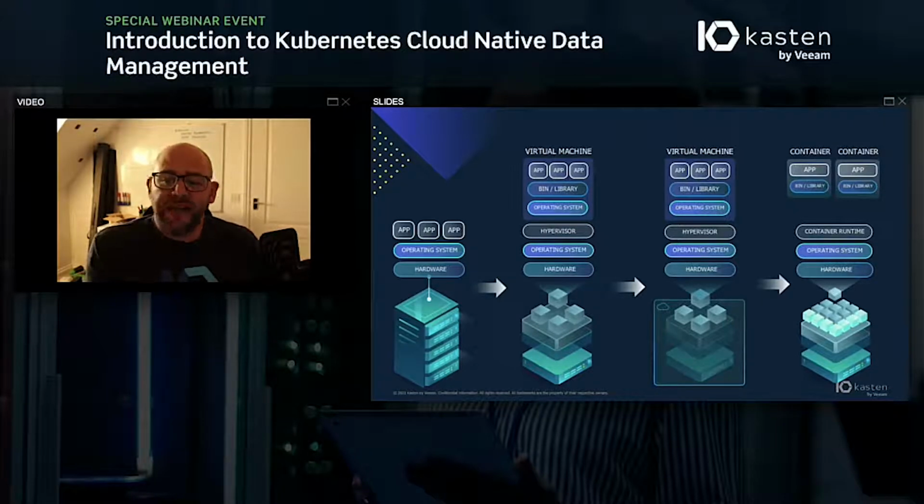Now, the one key difference between a virtual machine and a container, and we'll get into some of those differences, is that with a container, we're generally talking about megabytes in size, versus a gigabyte-sized virtual machine. So we have to carry the whole operating system with virtualization, whereas with containers, we just take a little bit of the operating system. The container runtime just takes what it needs from the underlying operating system.